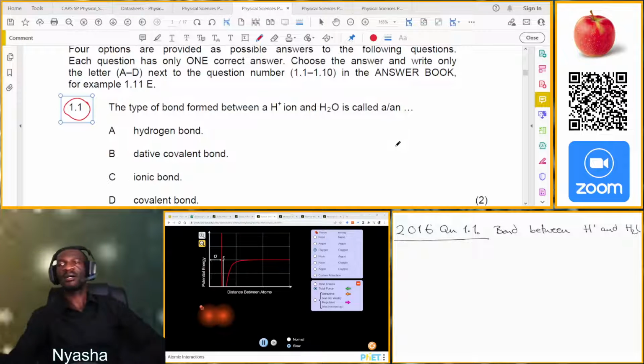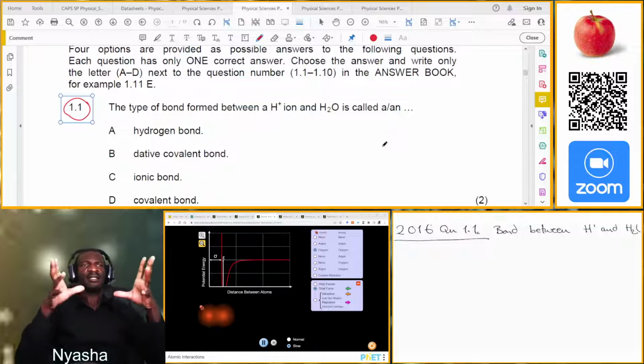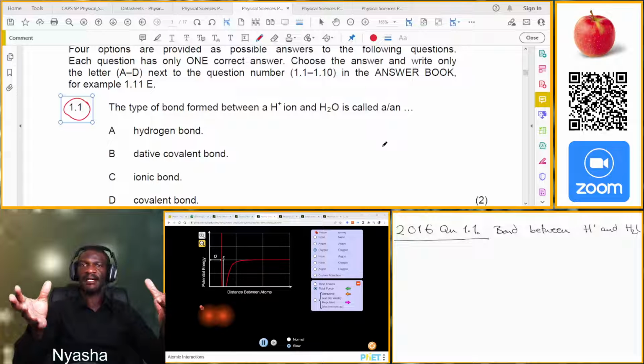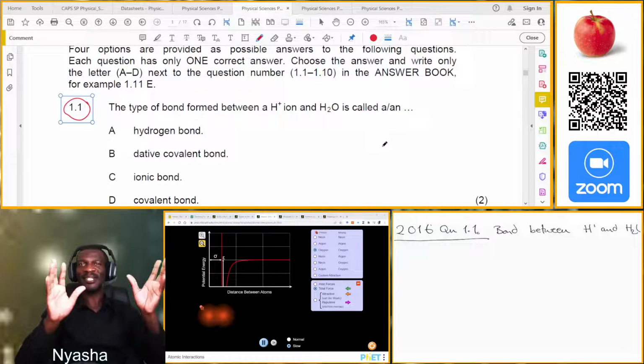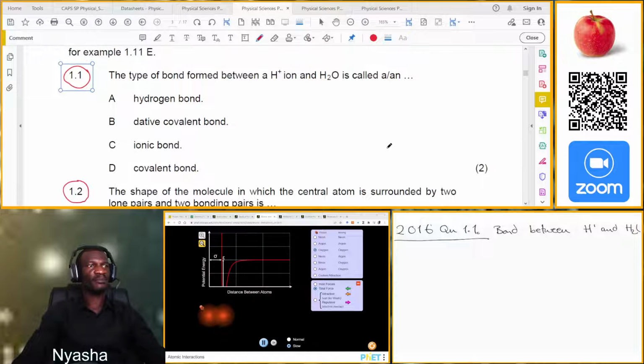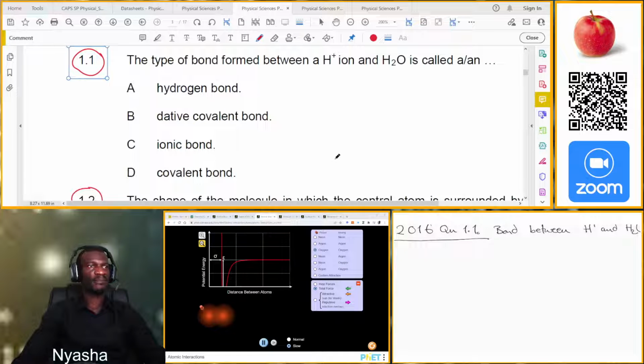How can you figure this out? Remember, we categorized species last week, and we said the type of bond between two species is determined by the type of the species as we compare the electronegativities and the difference between the electronegativities of the constituent elements of the compound.